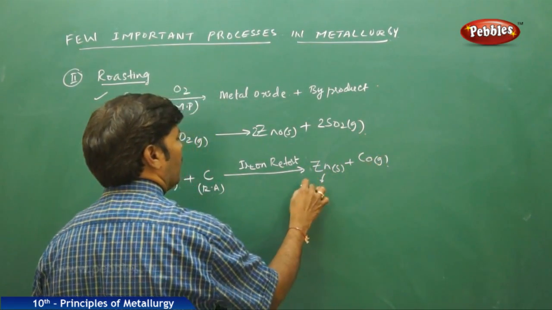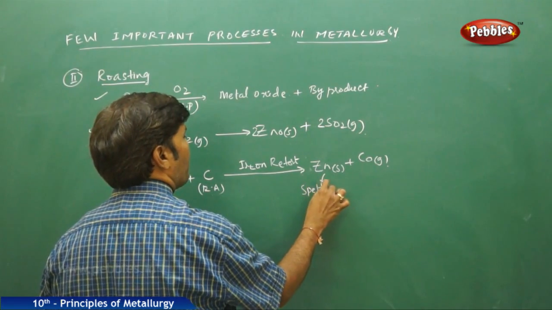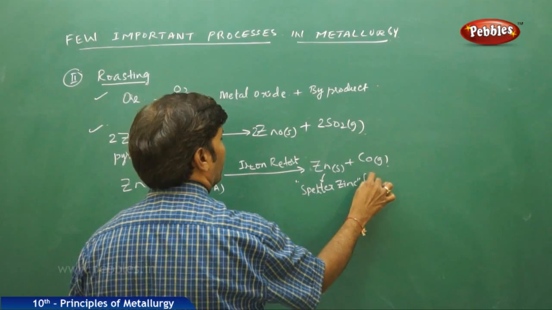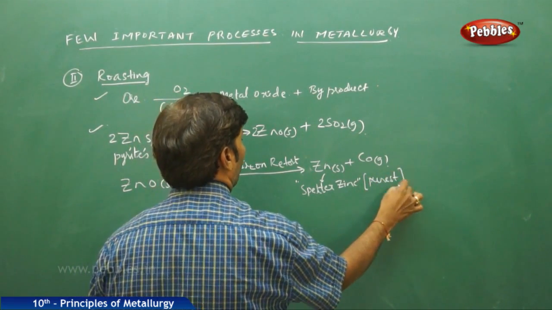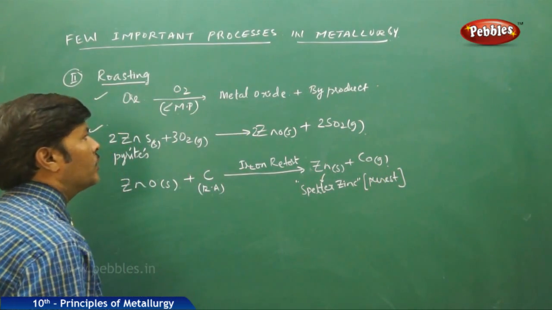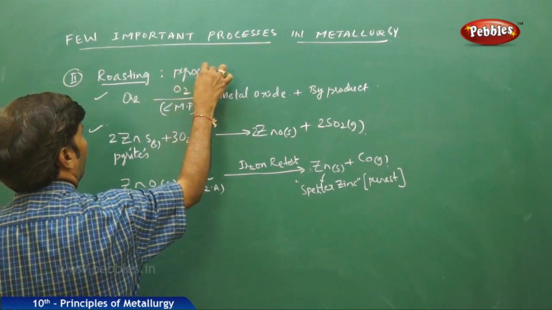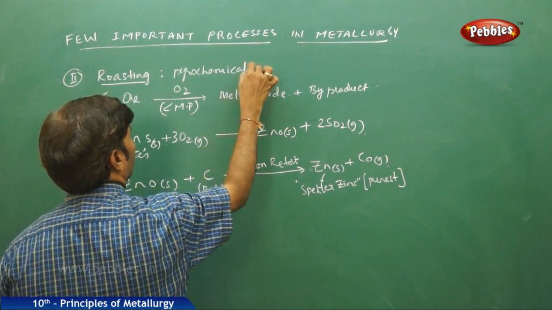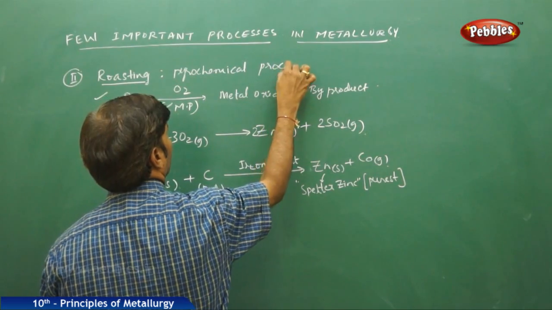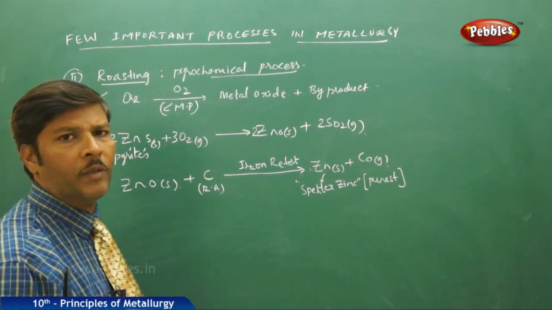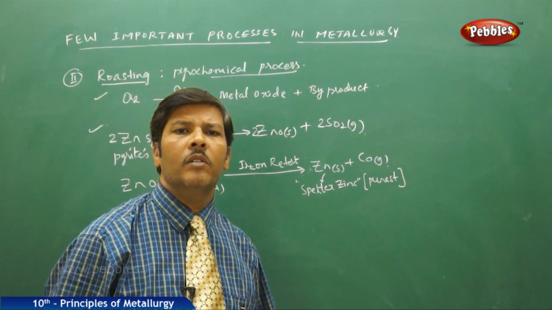This zinc is called spelter, which we call the purest form of zinc, the spelter zinc. And this roasting process is always a pyrochemical process. Smelting and roasting, both of them are pyrochemical processes.